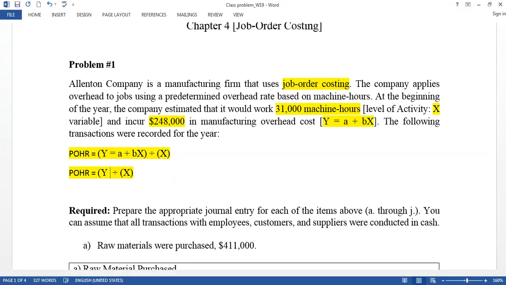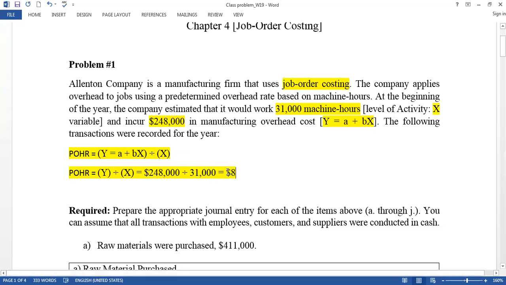Y is the total manufacturing cost, $48,000, and X is 31,000 machine hours, equal $8.